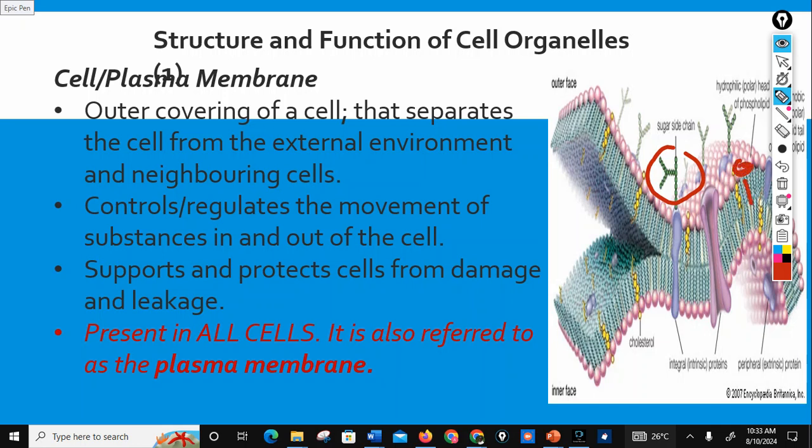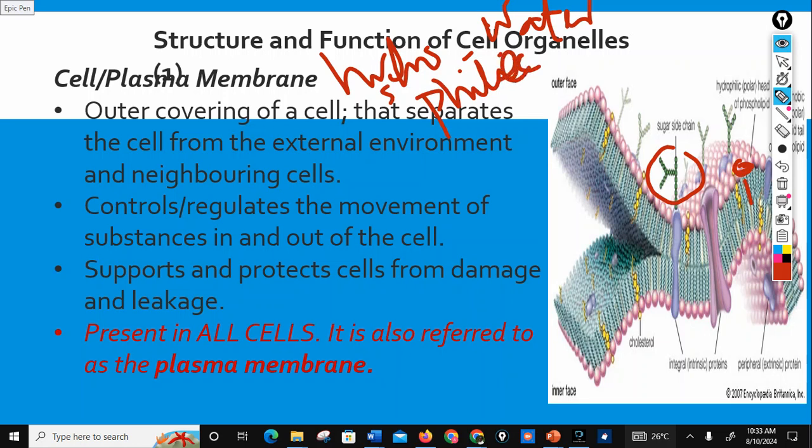So this head region is called hydrophilic. The head is hydrophilic. The word hydro means water, and the word philic is got from the word philo, which means love or likeness.